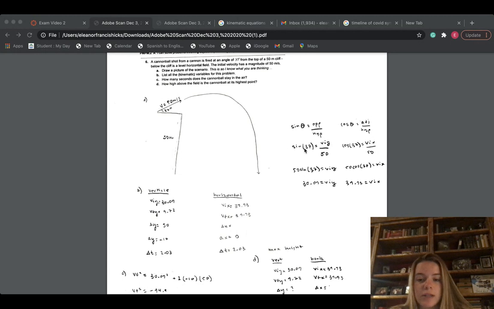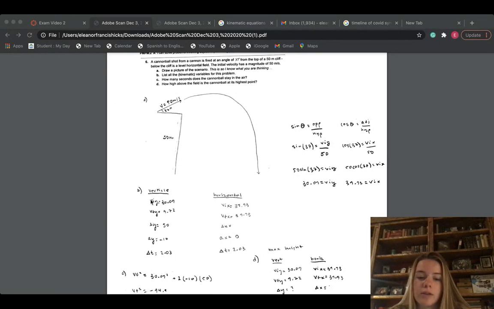The initial vertical velocity over 50, which is the magnitude of the velocity which the problem gives you. After solving, I got 30.09 after plugging that into my calculator.